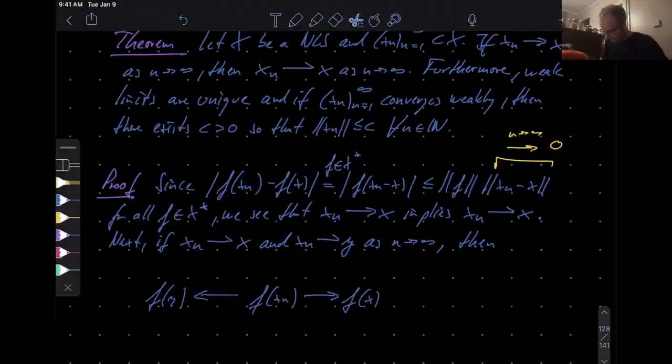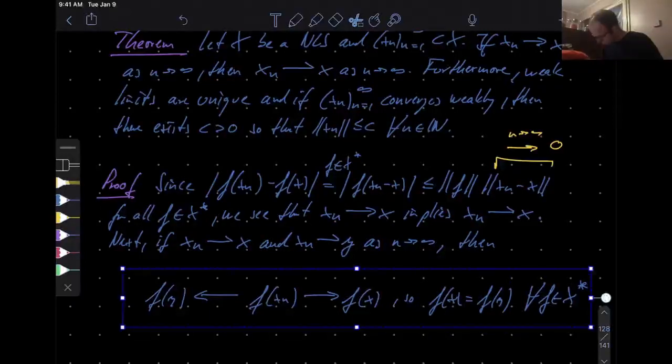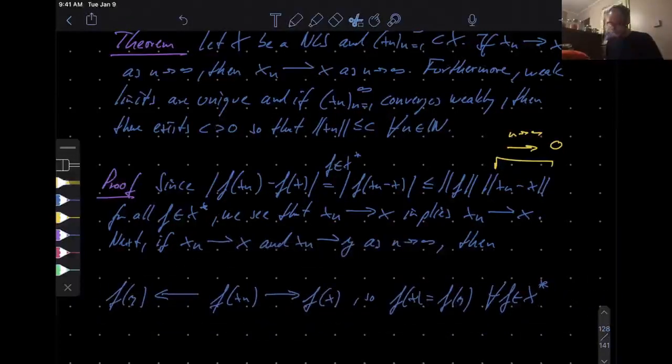That looks weird. So f of x equal to f of y, and this is valid for all bounded linear functionals, right? Yes, but now how can I conclude that x is equal to y?